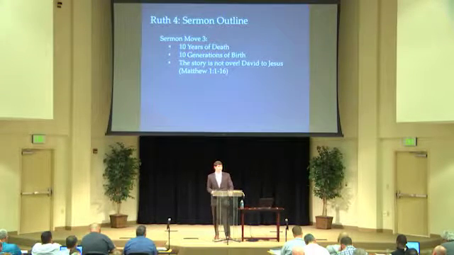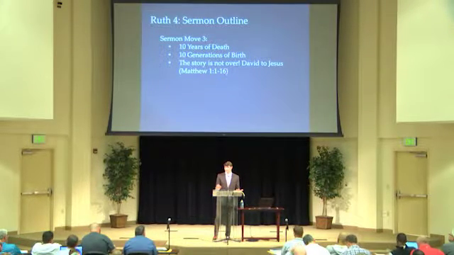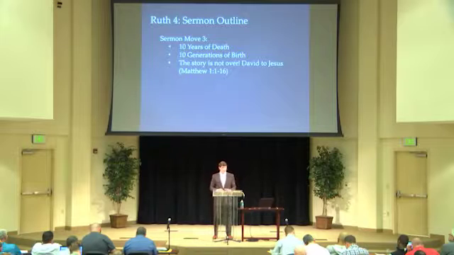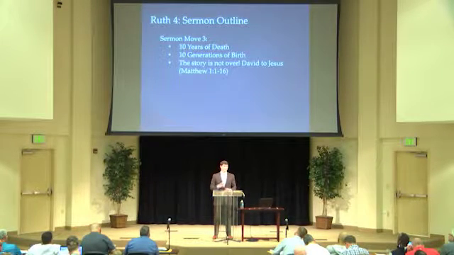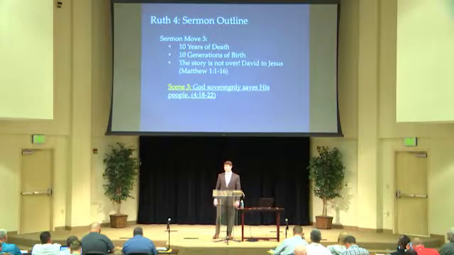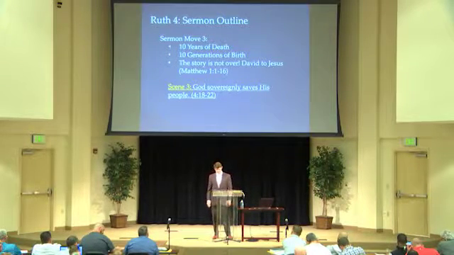David to Jesus and the connection with the New Testament and the genealogy that is there in Ruth, that is furthered and completed there in Matthew and actually in Luke as well. But Matthew 1 through 16, showing us how this son born would lead to another. Scene 3, God sovereignly saves his people, is the way I've put it there. God sovereignly saves his people.